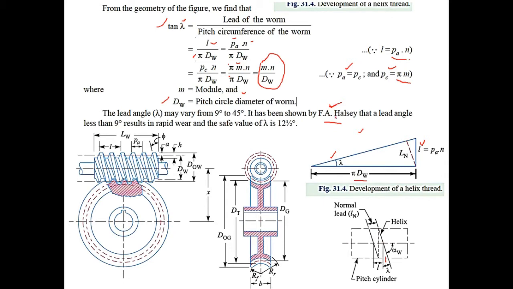According to him, a lead angle less than 9 degree results in rapid wear and tear. So the safe value of lambda is always taken as 12 and a half degree. So lambda may vary between 9 to 45 degree, but for less wear we may select 12 and a half degree.